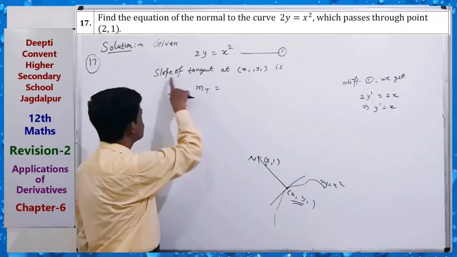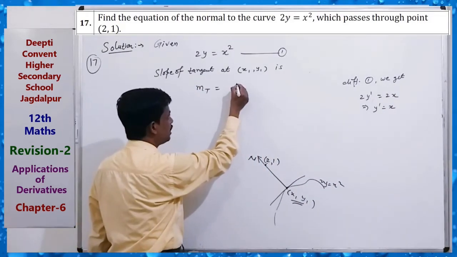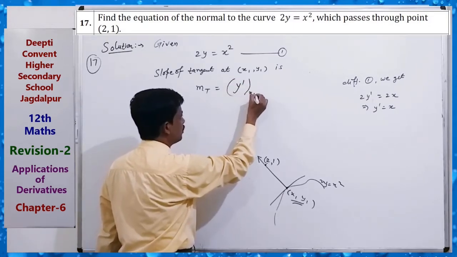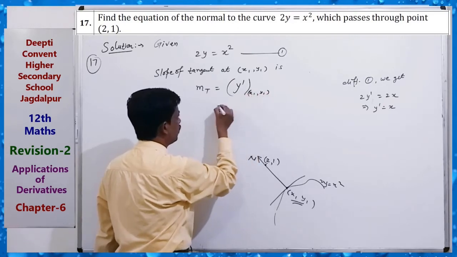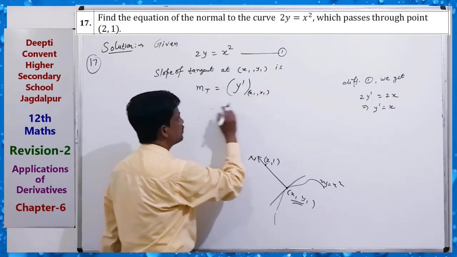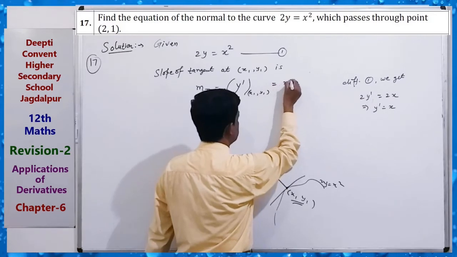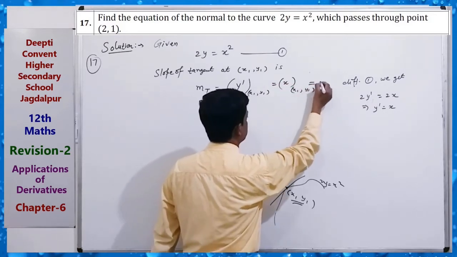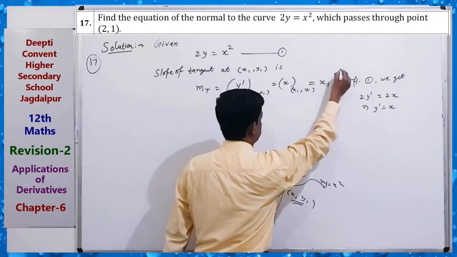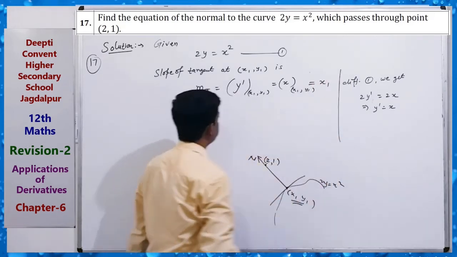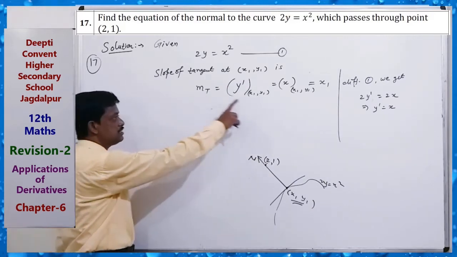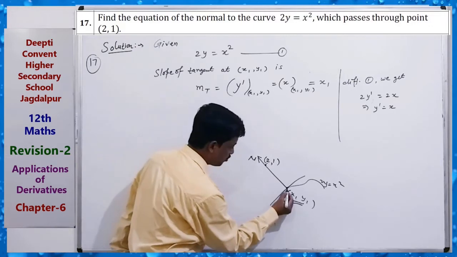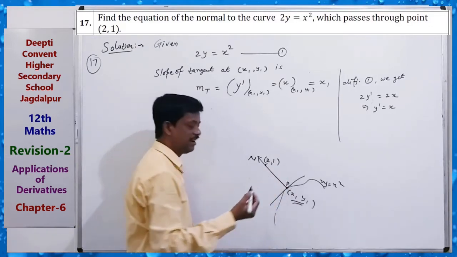So the slope of the tangent means y dash at x1, y1, and y dash means x at x1, y1, that is x1. So the slope of the tangent is x1, where x1, y1 is the point of contact.